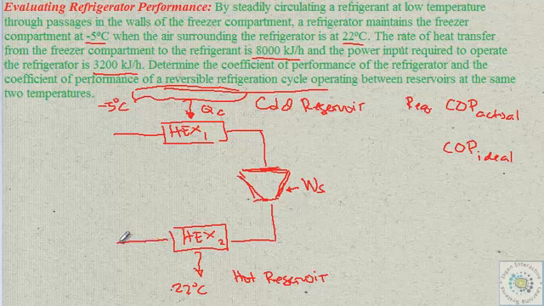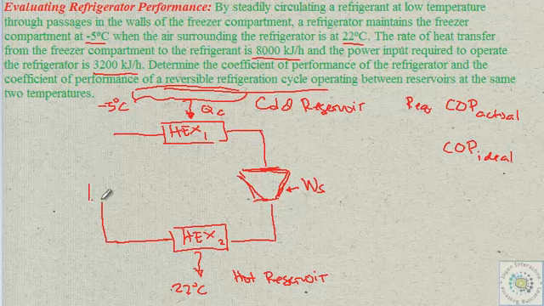And after that, since the refrigerant will now be able to release its heat, it will cool down, and then it will be allowed to pass through a throttling valve.